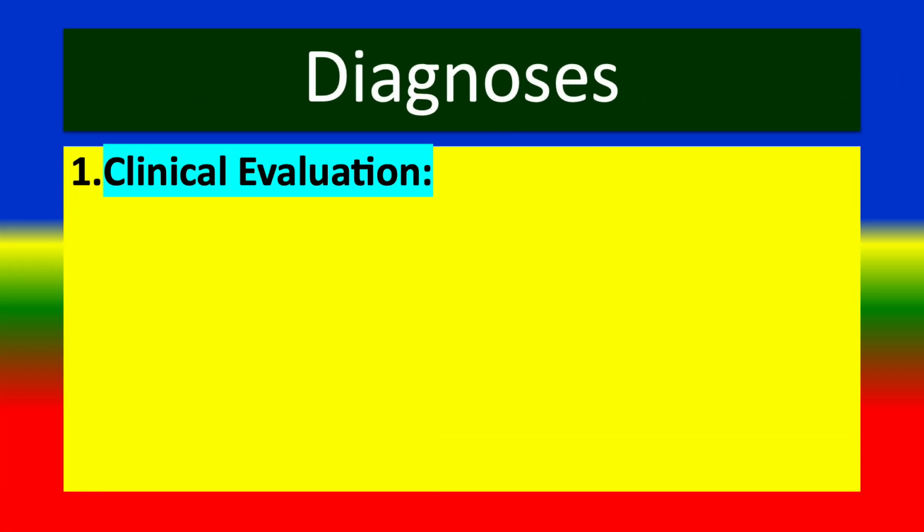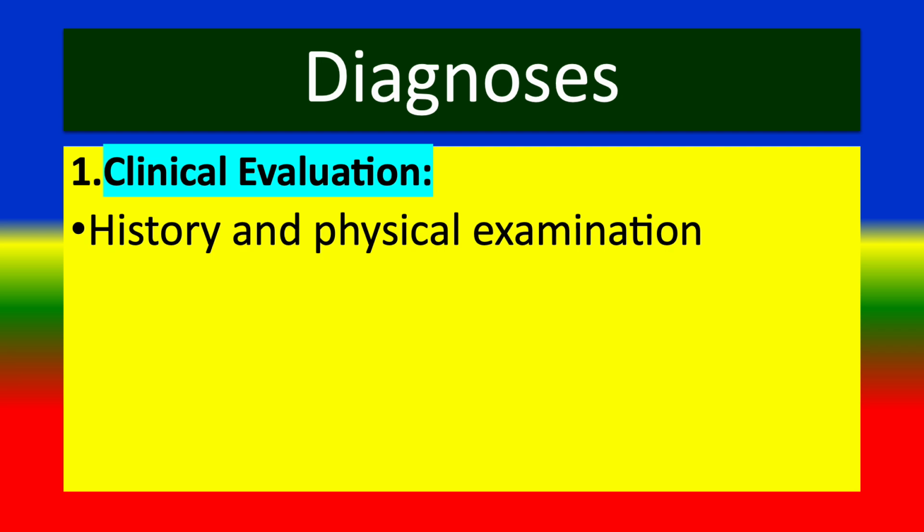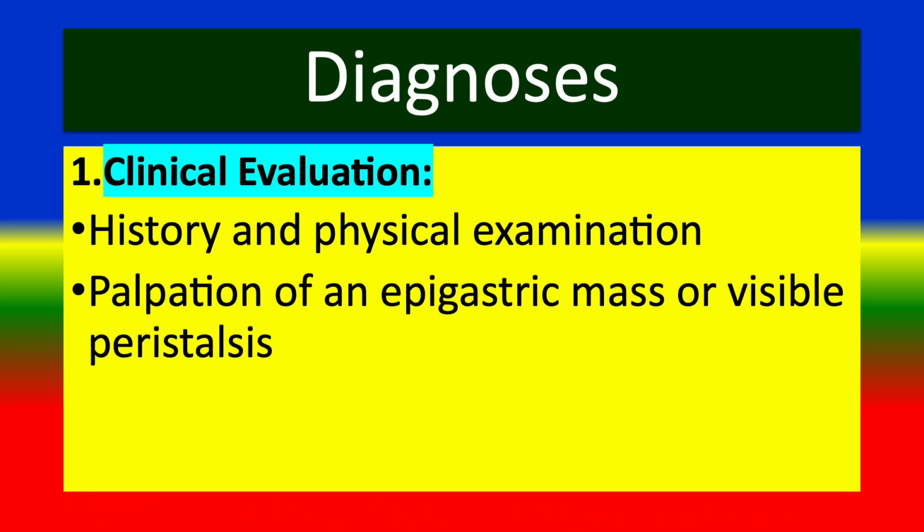Diagnosis. 1. Clinical evaluation, history and physical examination: palpation of an epigastric mass or visible peristalsis. 2.